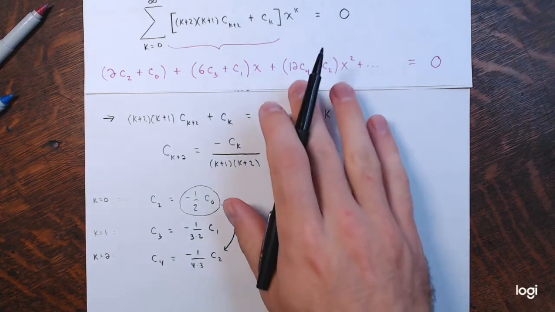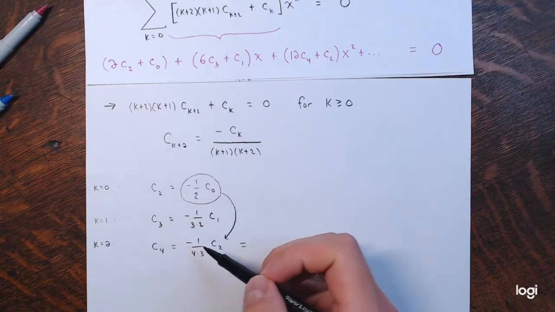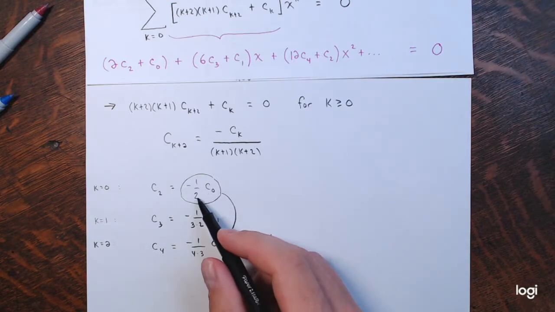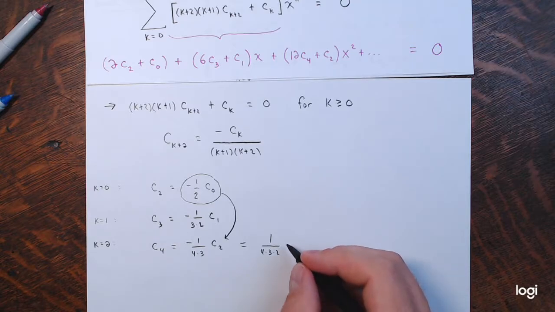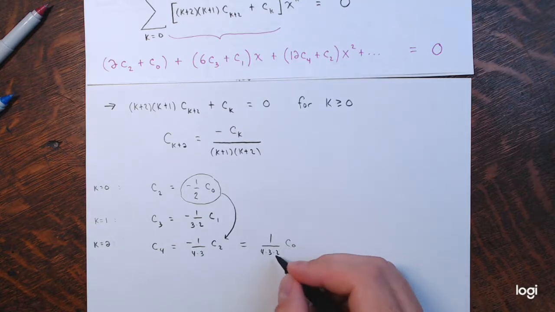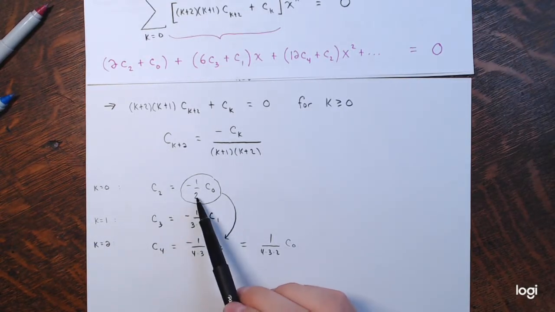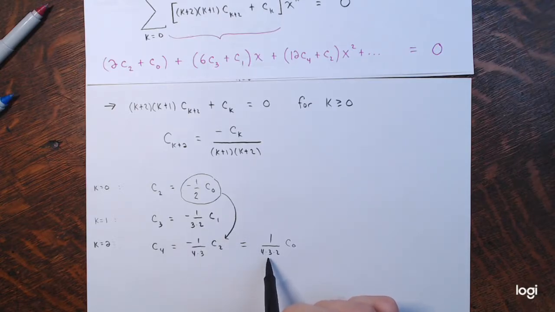So after substituting that, negative times negative is positive, and my fraction would be 1 over 4 times 3 times 2 in the denominator, times c sub 0. I think I'm seeing what's going on already. See 2 factorial there, that's 3 factorial, 3 times 2 times 1, really. Here's 4 factorial in this denominator.